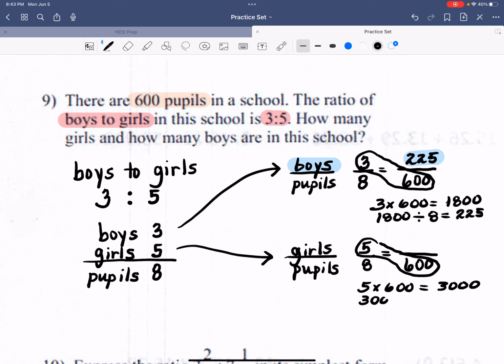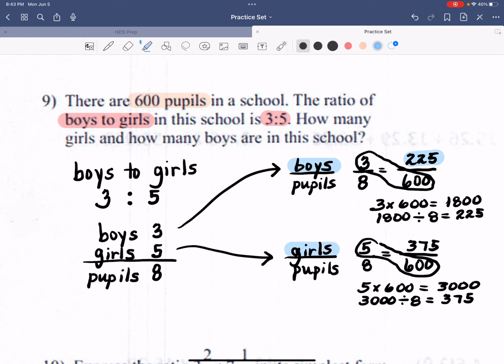And 3,000 divided by 8 is 375. So there are 375 girls. And we can check ourselves by adding those two numbers. 225 plus 375 is 600.